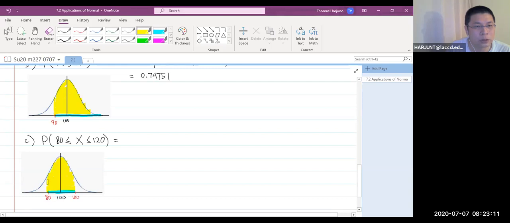Because you use the distribution from the calculator, you need to write the calculator notation. This will be normal CDF from 80 to 120. The mean is 100. The standard deviation is 15.